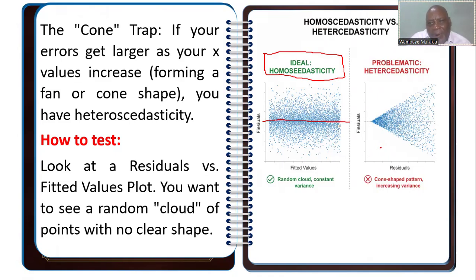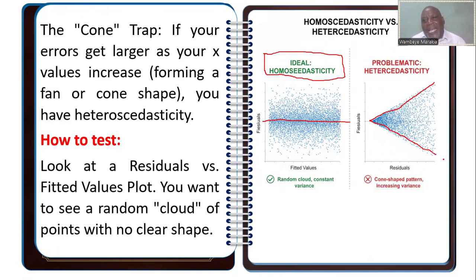But look at the right side where we have the problematic heteroscedasticity in the data, where we are producing some kind of a cone shape. If your data is producing this kind of a shape, a cone shape, you know that you have not met the assumption of homoscedasticity.